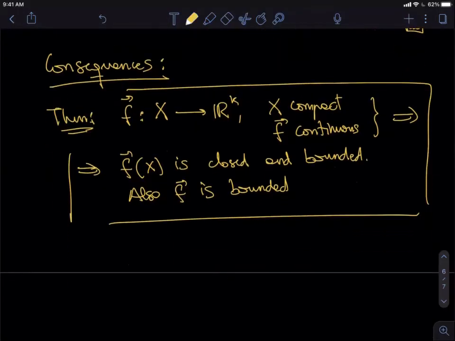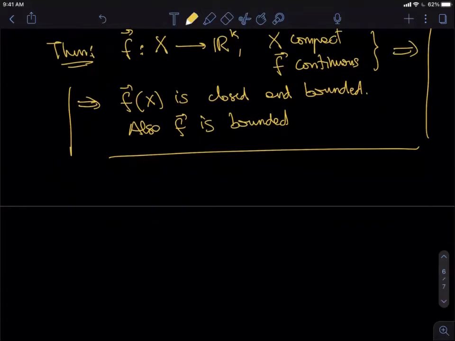Now here, let me define what I mean by a vector function being bounded.